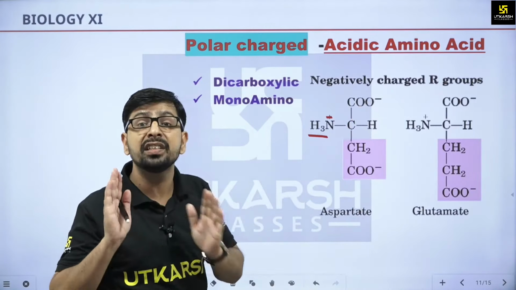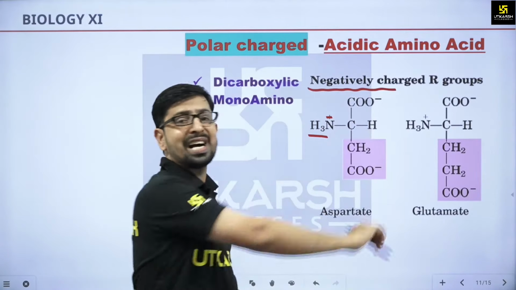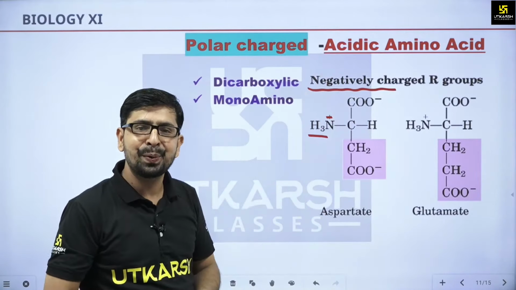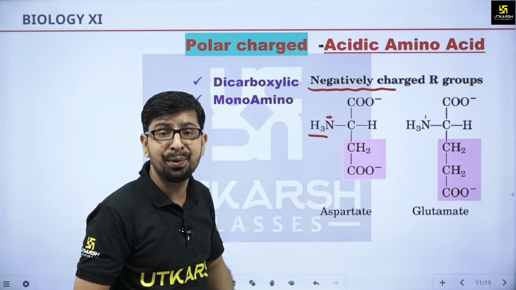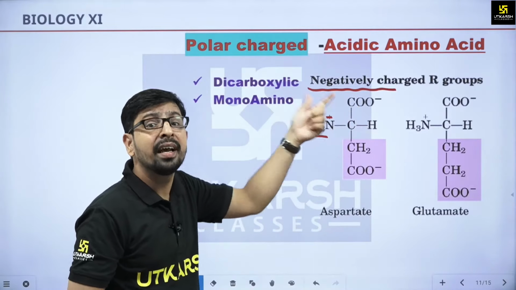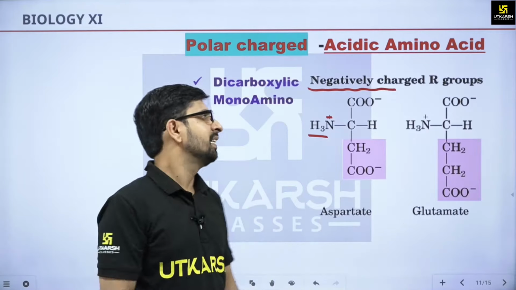The carboxylic group carries negative charge, so they are negatively charged acidic amino acids. Yes, बच्चों, they are polar but negatively charged acidic amino acids because they are dicarboxylic. So they are acidic: aspartic acid and glutamic acid.